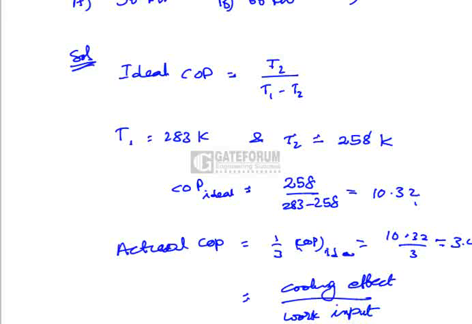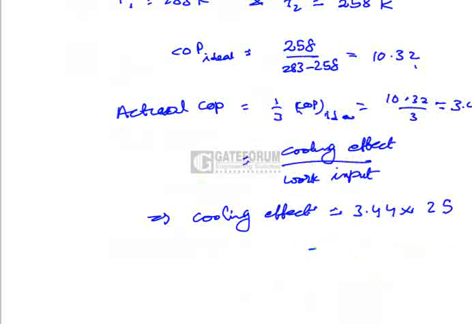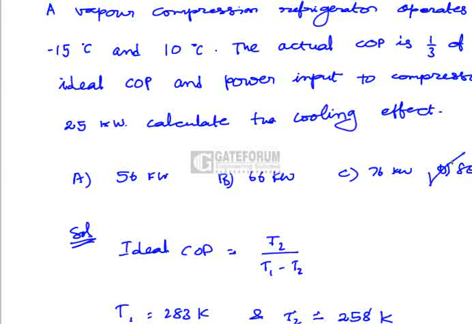So here power input to the compressor is given by 25 kilowatts, and cooling effect of the cycle is equal to 3.44 into power input, that is 25, which is equal to 86 kilowatts. So here the correct answer is 86 kilowatts and the right option is D. D is the right answer.